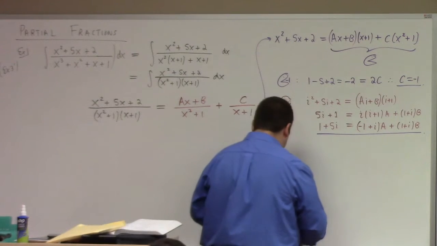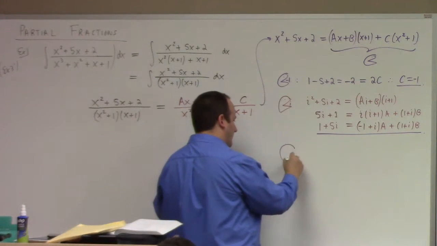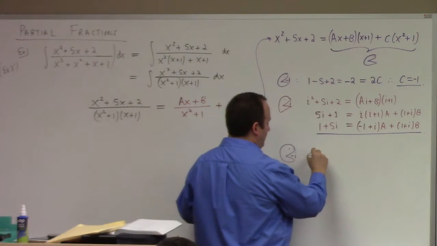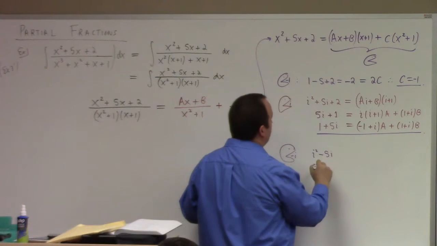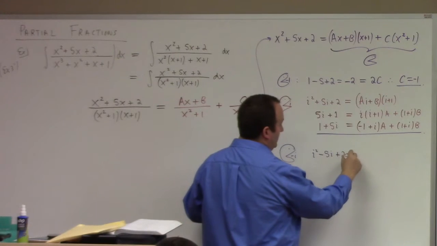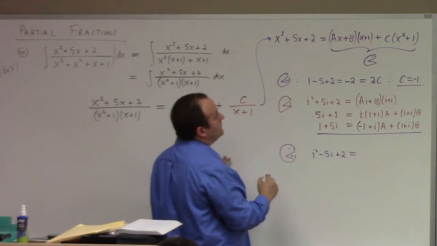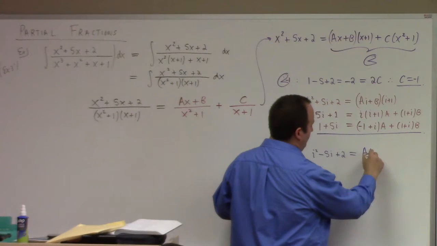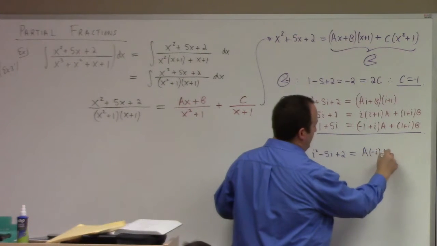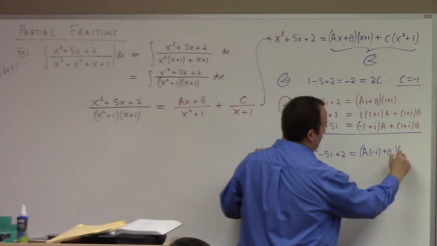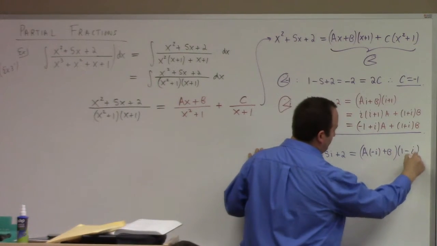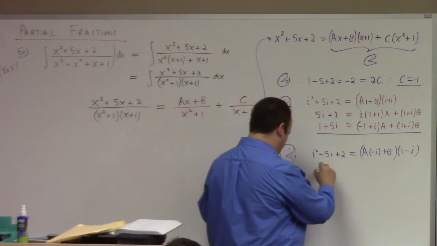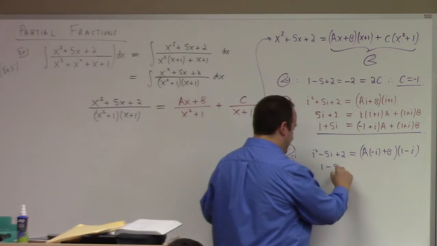And if I feed Pac-Man minus i, what's that give me? i squared minus 5i plus 2 is equal to a times minus i plus b times 1 minus i. So over here, this gives me 1 minus 5i.